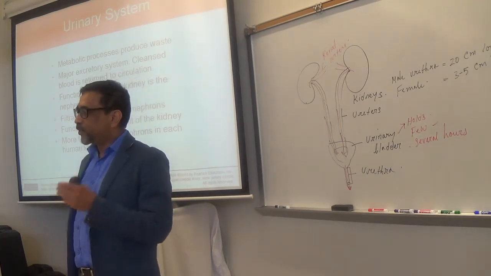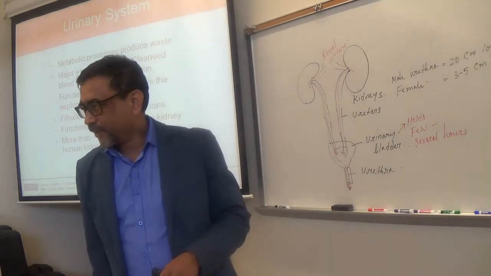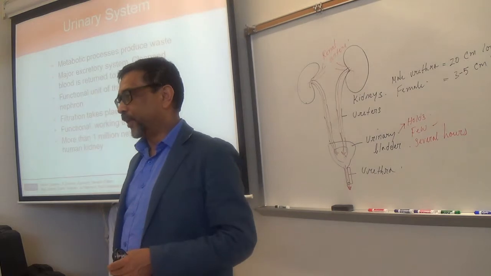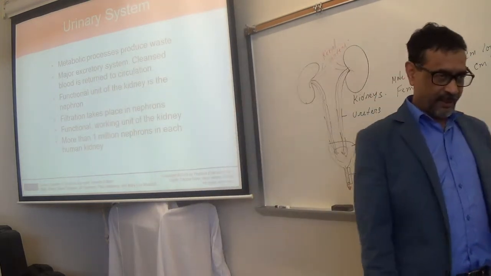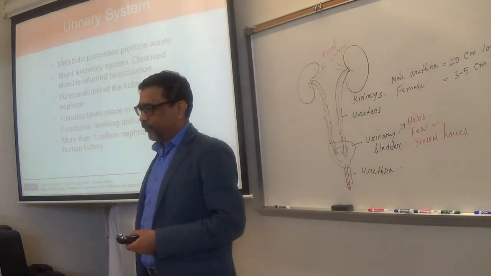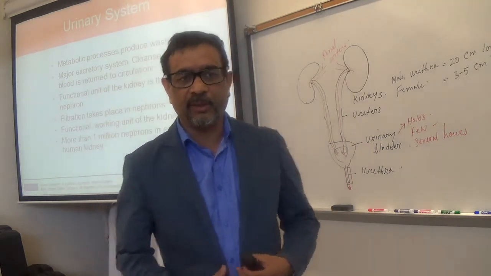Why? Because most of the toxic chemicals that are produced by metabolism get eliminated from the body through the urine. So the urinary system is the major excretory system of the body, and most of the metabolic toxins get out through the urine. Number one.